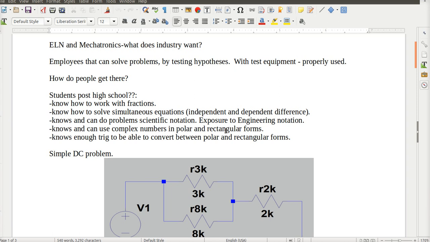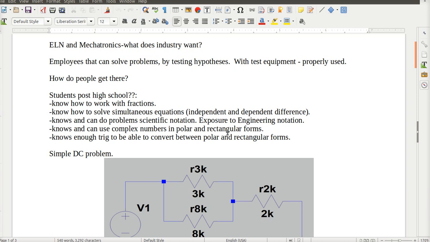The complex numbers come in when you go into AC circuits, because some components will shift the voltage and the current from each other, and the polar form is used to define and understand that difference.